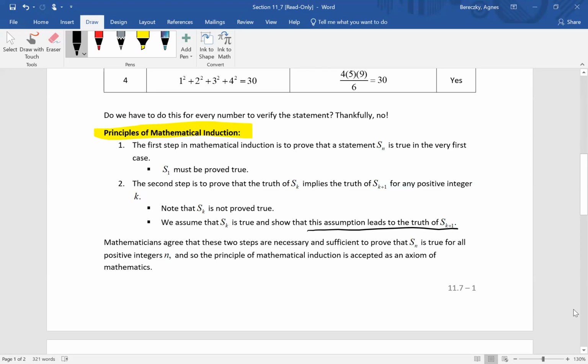Mathematicians agree that these two steps are necessary and sufficient to prove that Sn is true for all positive integers n, and so the principle of mathematical induction is accepted as an axiom of mathematics.